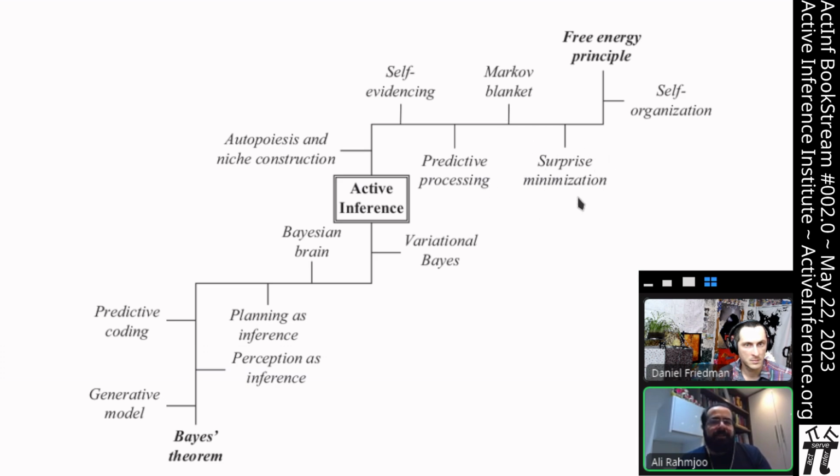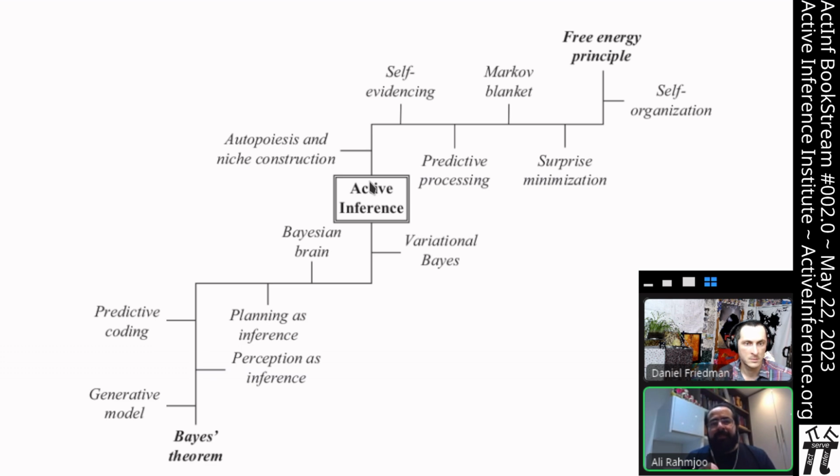It then elaborates that road by adding other aspects of modeling and theory, such as predictive processing, self-evidencing, autopoiesis, and so on, and reaches an integrated version of active inference, which is basically an integration between perception and action.